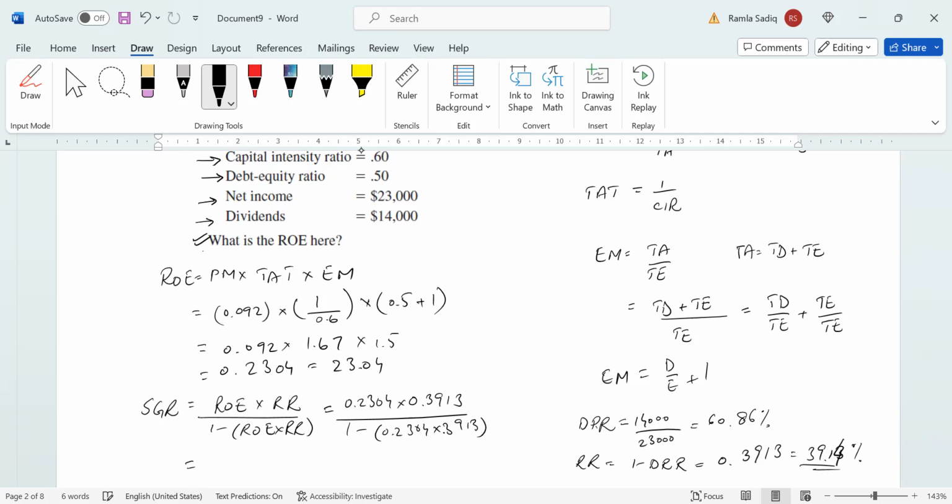Plugging that into our calculator, we get 0.2304 multiplied by 0.3913, and our numerator is 0.0902. For our denominator, we get 0.9098. And so dividing the two, we get 0.0991, or a sustainable growth rate of 9.91%.